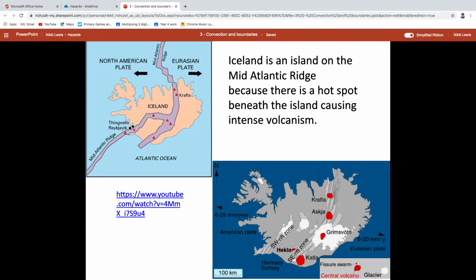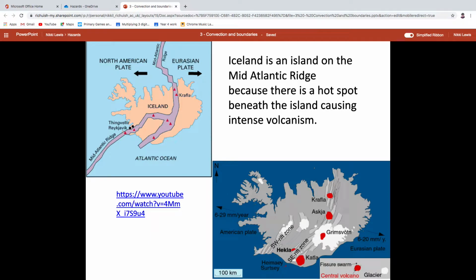Except good old Iceland. Iceland is an island on top of the Mid-Atlantic Ridge, which is a bit of an anomaly. It's because, as well as being on the Mid-Atlantic Ridge, it's on a hot spot. Now, hot spots, I'm going to explain to you in another video, but they are pretty much exactly what it suggests.